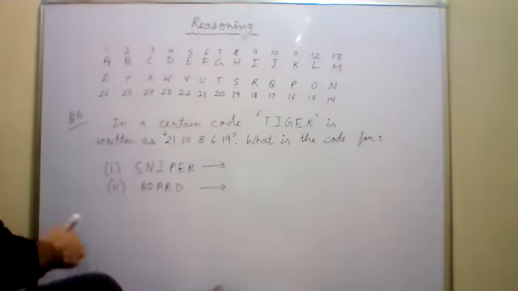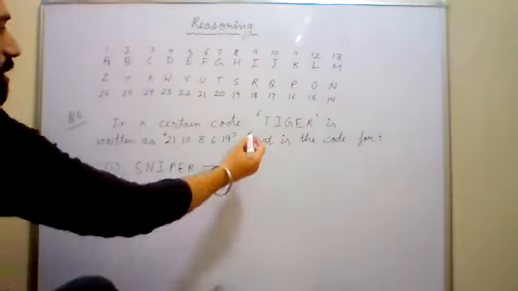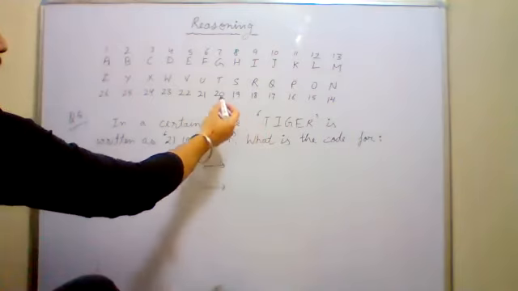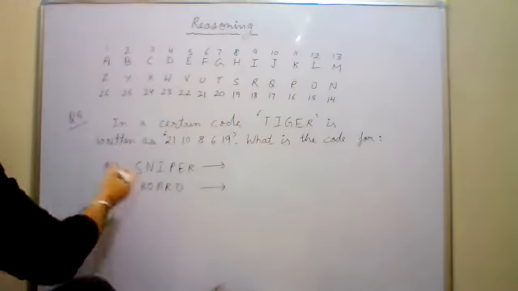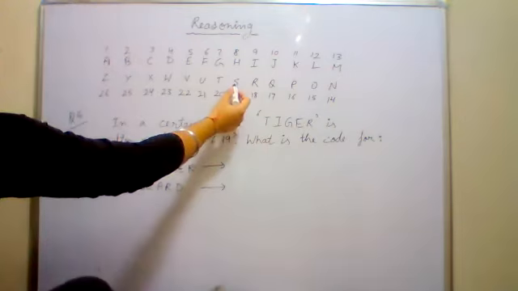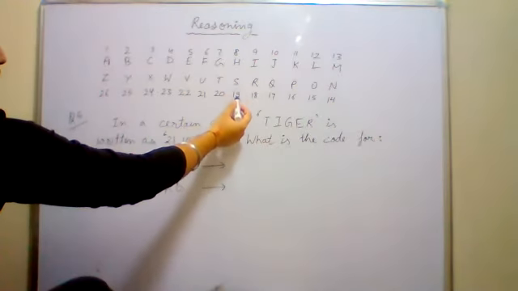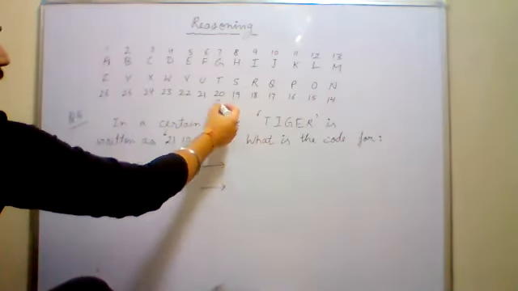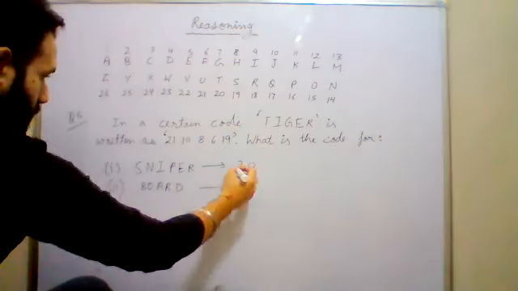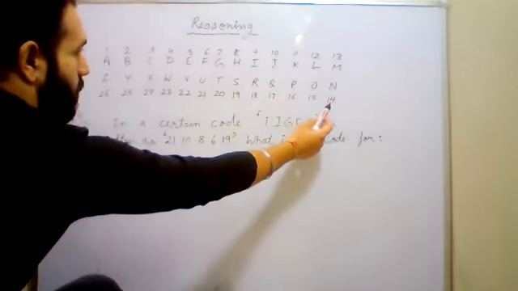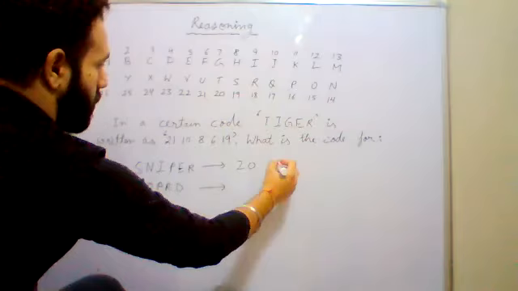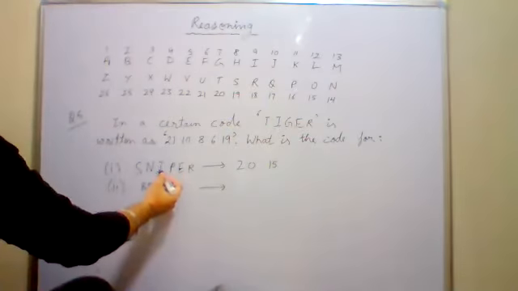Okay, so see the code for sniper. What are we doing here? Just see the numerical equivalent of T and add one. Same in this case, as the numerical equivalent of S is 19, and in 19 you add one, you get 20. And then the next number is N, 14, so 15.